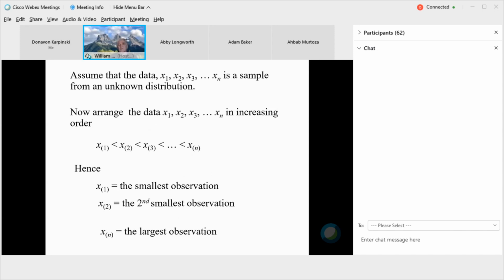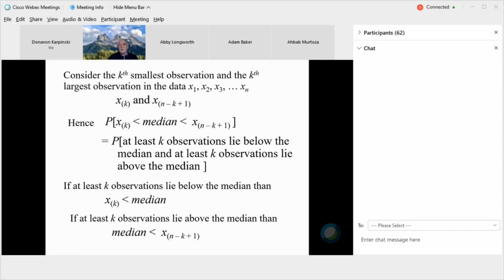X bracket 1 is the smallest value, X bracket 2 is the second smallest, X bracket n is the largest observation. Consider the kth smallest observation, that's X bracket k, and the kth largest observation, counting from the top down to k, that's X bracket n minus k plus 1.